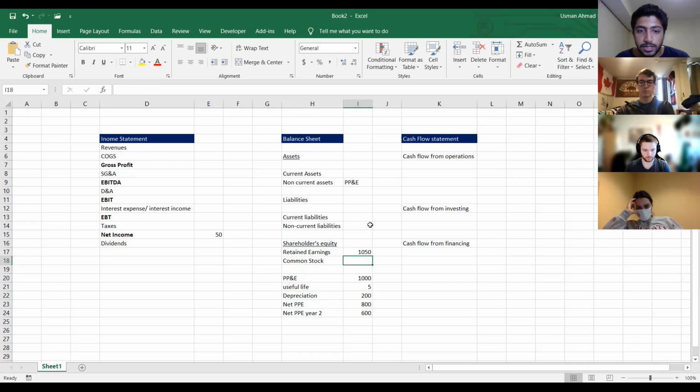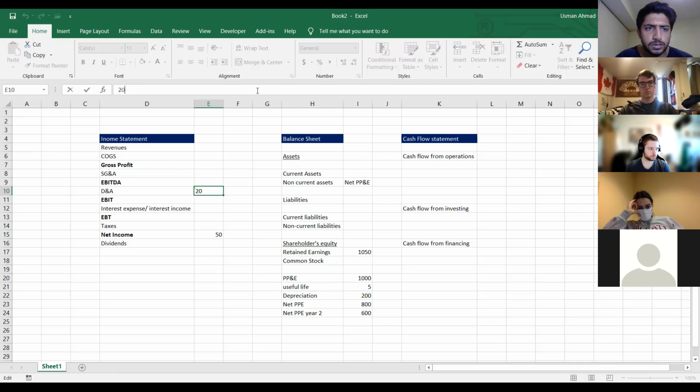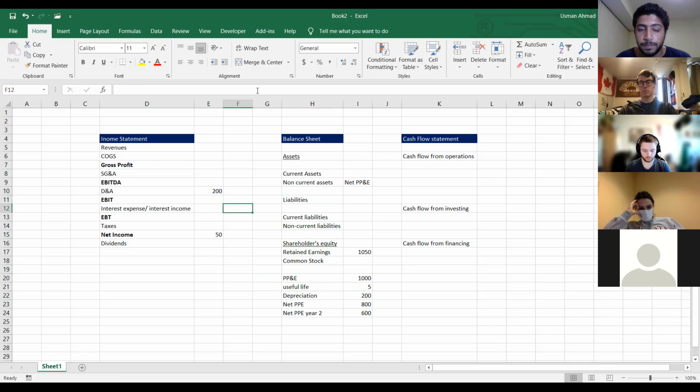So we build this PP&E schedule, and more precisely, in the non-current assets we actually have the net PP&E, or the book value of the PP&E. Those are the two terms used. So this depreciation is actually linked here. The depreciation and amortization from the PP&E schedule on the balance sheet flows into the D&A on the income statement. Okay.